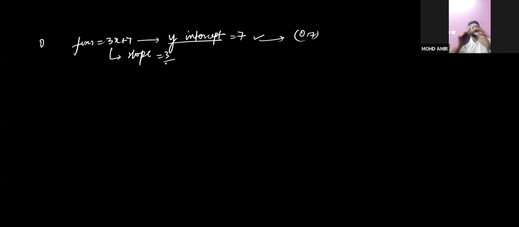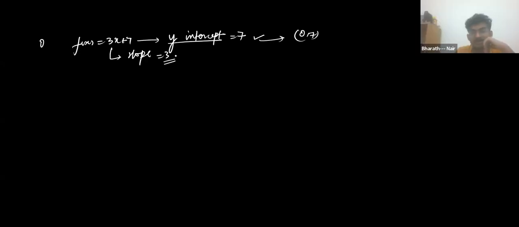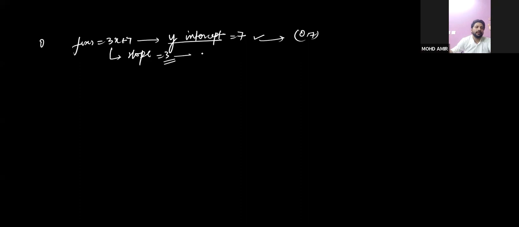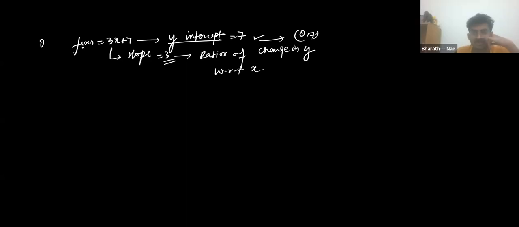What is slope? Basically it is the ratio of change in y with respect to x. We know that it is a function. If we change the value of x, our y values will change. That is the ratio.